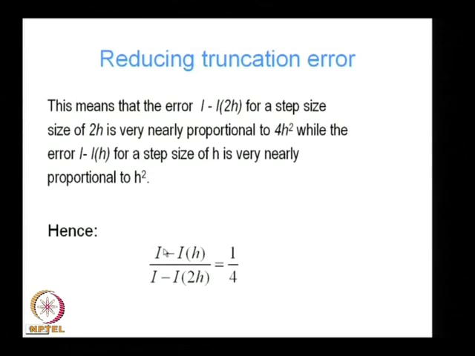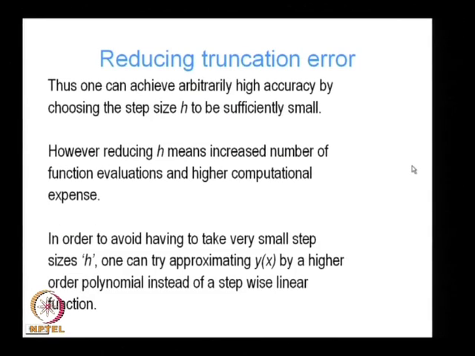Hence, if we take a ratio of the errors I minus I of h divided by I minus I of 2h, we see that this ratio goes as h square by 4h square, h square cancels out and we get a ratio of 1 over 4. Thus, we see that by reducing the step size by half, we are getting an error which is just 1/4 of the error with the previous step size.